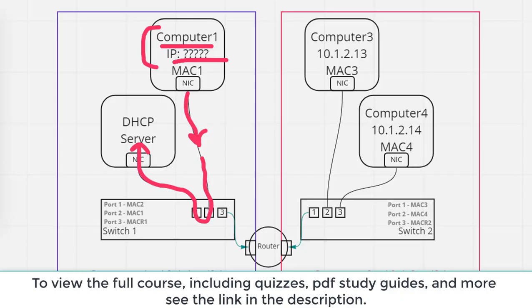And the next step in the process is what we call a DHCP offer. So the server is going to say, oh, you need an IP address? Sure, here's one. I'm going to offer you an IP address. So let's say it offers this machine 10.1.1.11, for example. And if that works, the computer will say, yeah, that's perfect. Let me request that address.